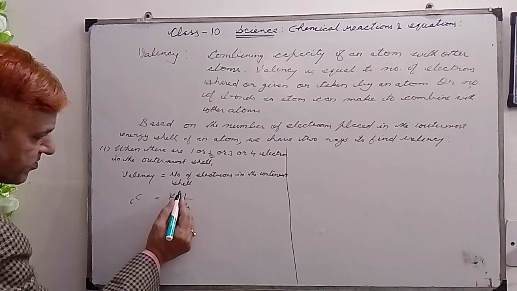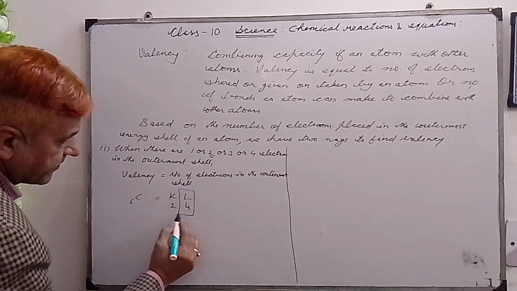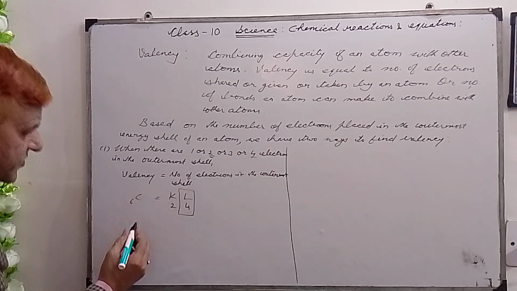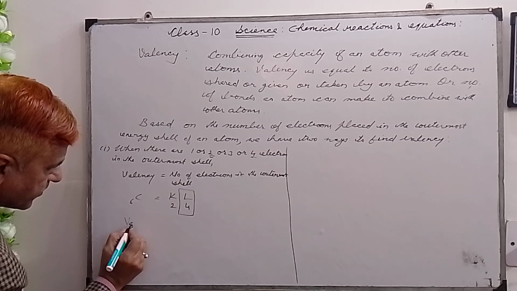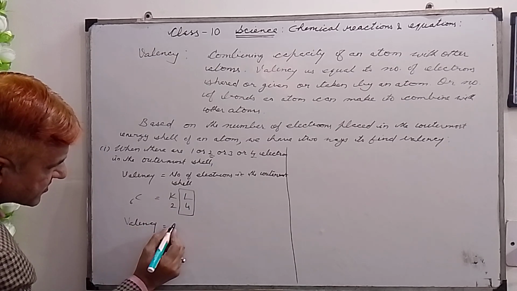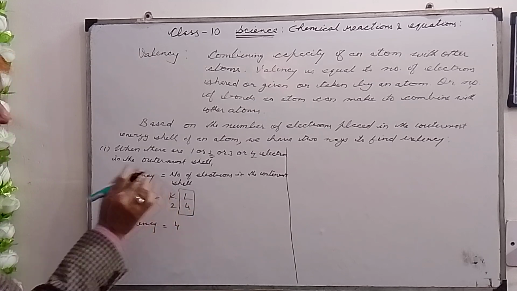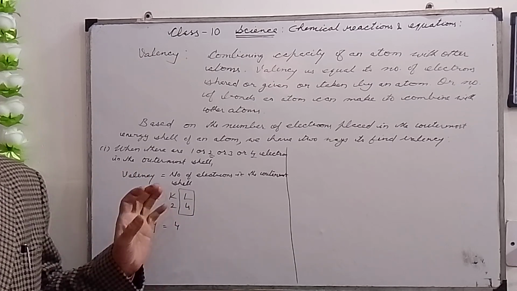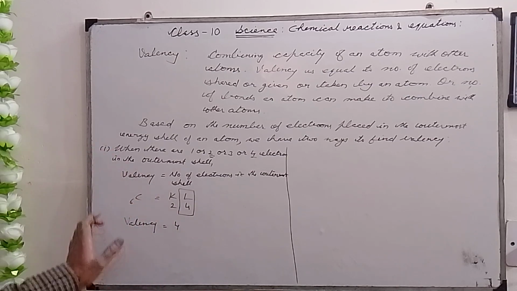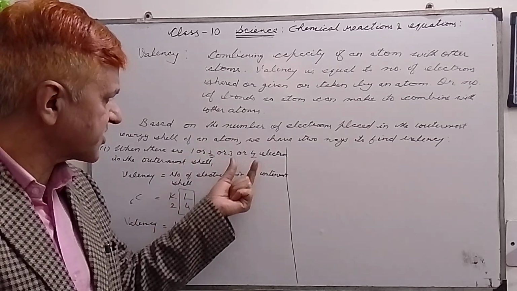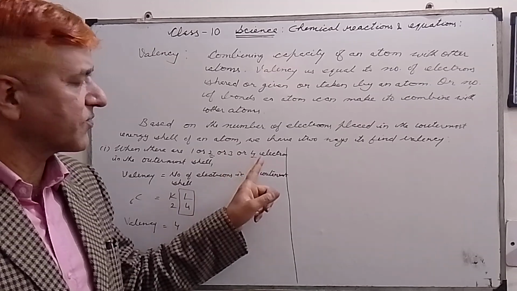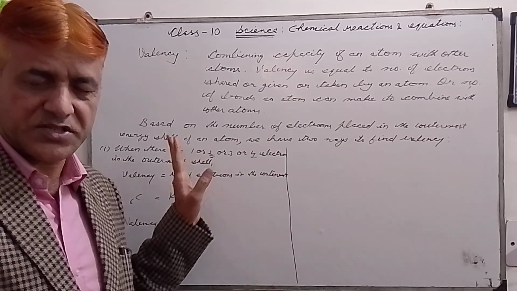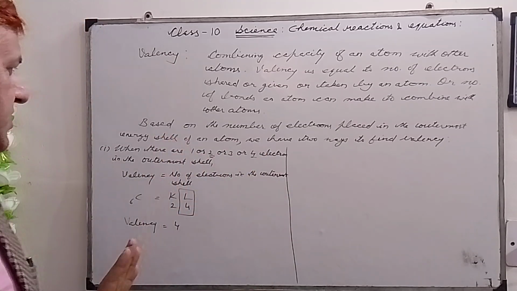How many electrons are there in the outermost shell? 4. So its valency is 4, the number of electrons in the outermost shell. In this way, you can find valency when the outermost shell has 1 or 2 or 3 or 4 electrons. I hope that you understood this.